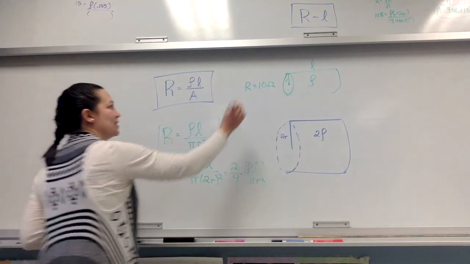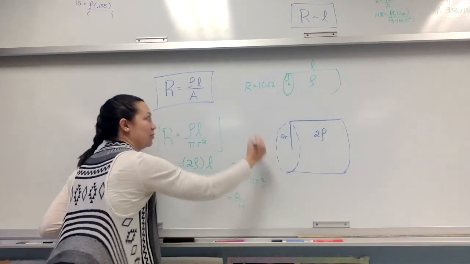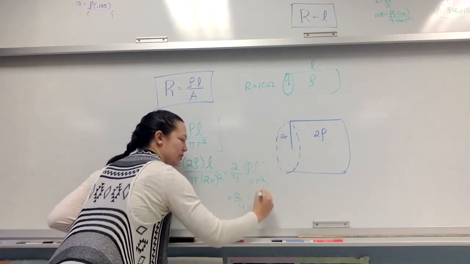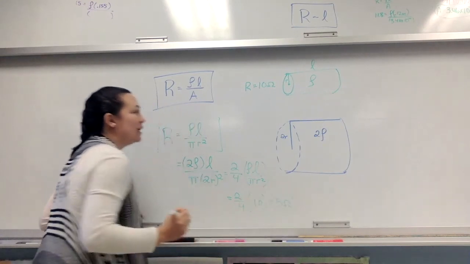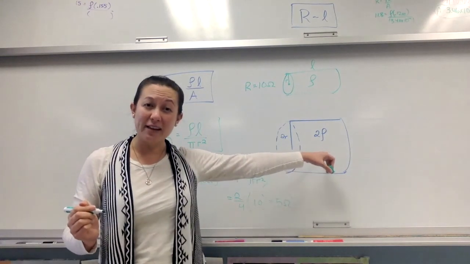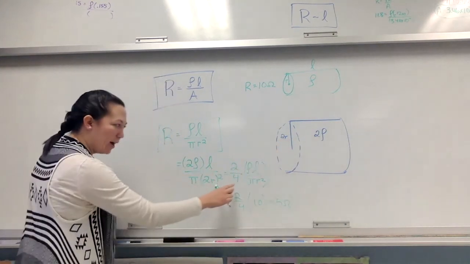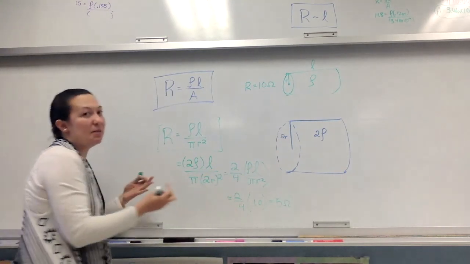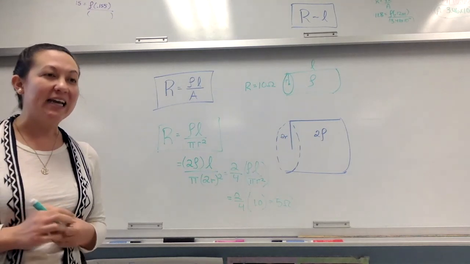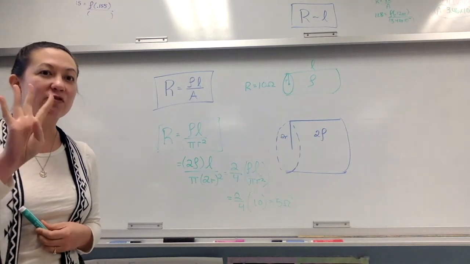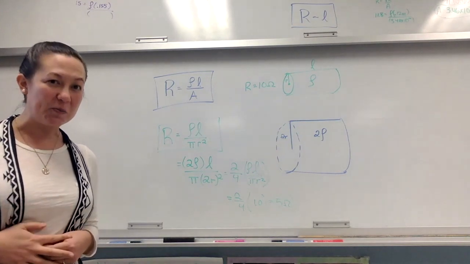If the original resistance was 10 ohms, I have 2/4 of 10, so that is 5 ohms. Even though this material is a better insulator, the fact that you doubled the radius actually quadrupled the area. It made it much, much easier to go through. That's kind of like if you went on a highway and instead of having 1 lane open, you had 4 lanes open. Think about how much faster traffic would go.